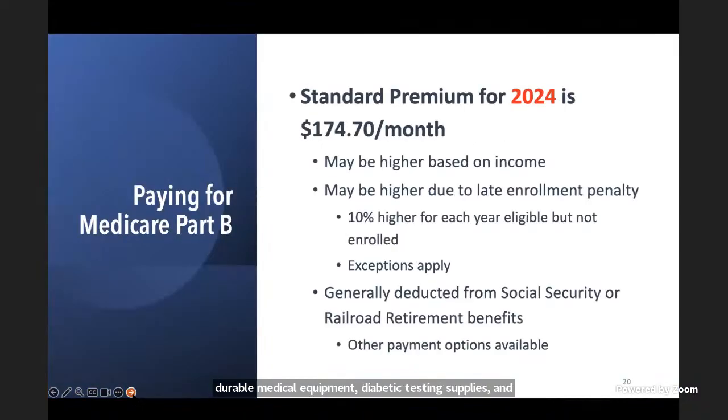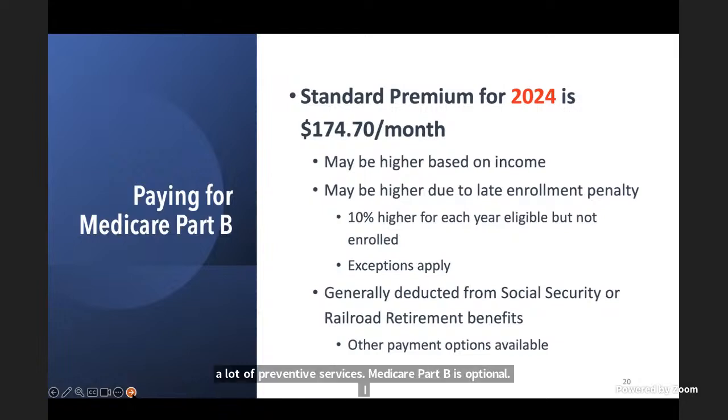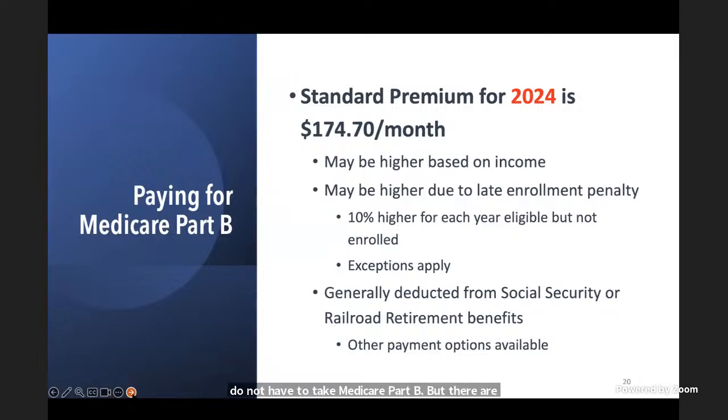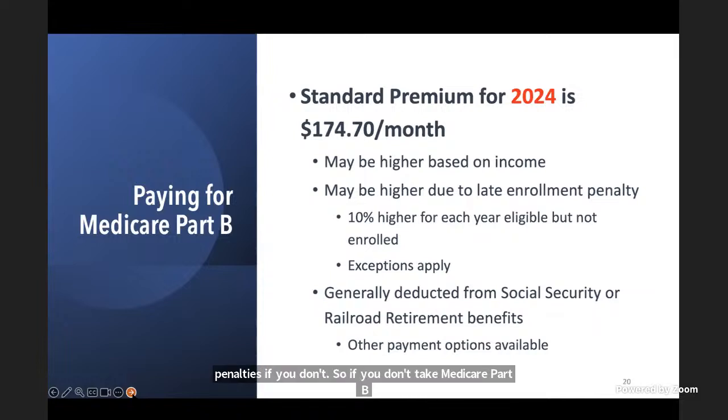Medicare Part B is optional. I do not have to take Medicare Part B, but there are penalties if I don't. So if I don't take Medicare Part B when I'm first eligible, I may pay a late enrollment penalty. And unlike the Part A one, this one doesn't go away.